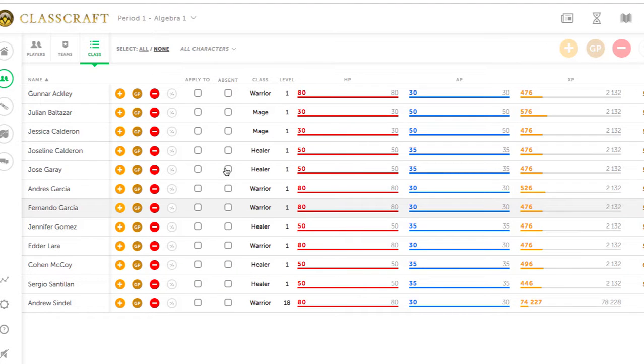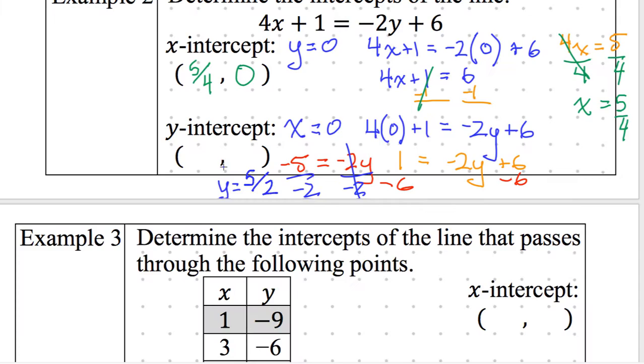And then my final participation for this problem, what do I put for the x and the y? What do I actually put for my answer? Sergio? 5 over 2 and 0? Like that? Ooh, see if you can find your own mistake. No, he's good.